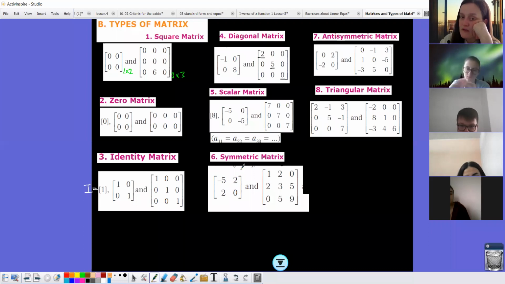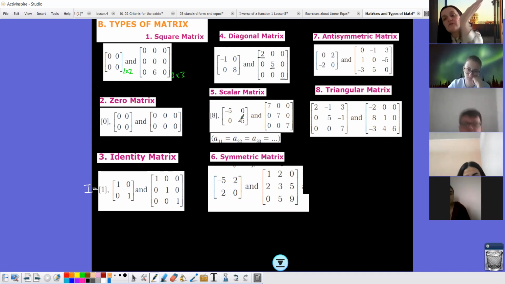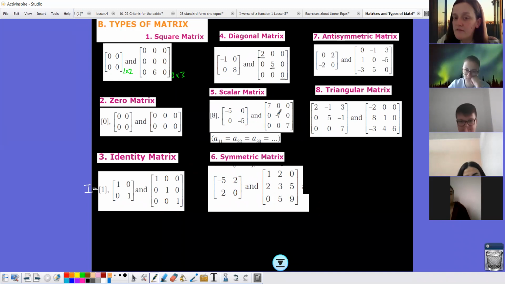Scalar matrix, as you can see, again, it's a kind of diagonal matrix, but the diagonal entries will be the same: -5, -5, -5, or 7, 7, 7. A11, A22, A33 will be all equal to each other in a scalar matrix. And the symmetric matrix, it's symmetric.